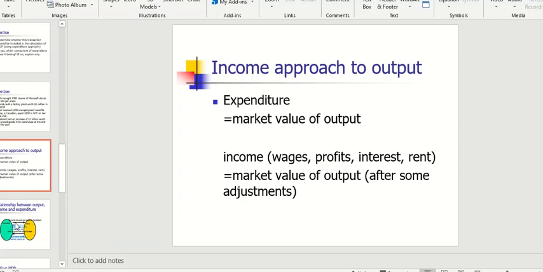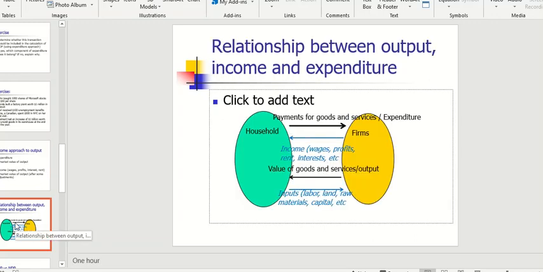So to understand the logic of income approach, let's take a look at an income flow chart. This is similar to the one that we have seen before, okay, with some addition. Once again, we simplify things by assuming that there is no foreigner, there is no government.